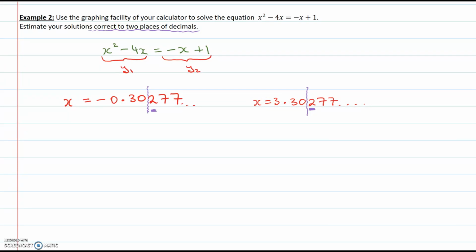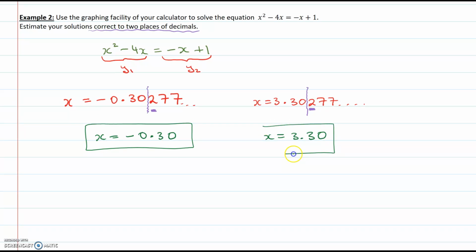Our final answers are x equals negative 0.30 and x equals 3.30. So we have 2 solutions because we had a quadratic equation. Quadratic equations often have 2 solutions, more often than not.